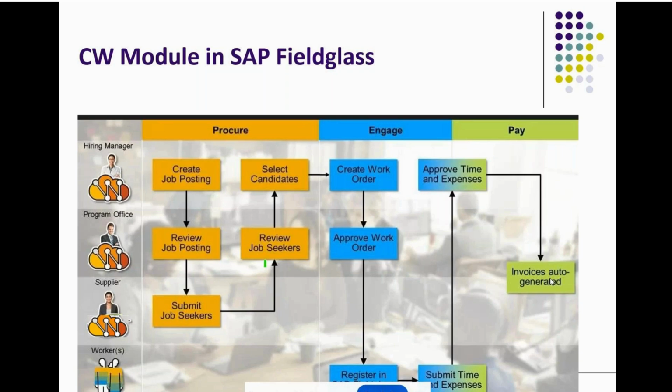But I just want to know the common thing between service SOW and contingent worker, CW. They both have in common temporary laborers and contract-based workers. Yeah, they can be hired, they can submit timesheets, they can work for a project. These are all the common things, but the process is a bit different for both.